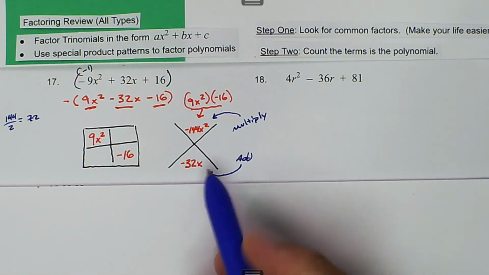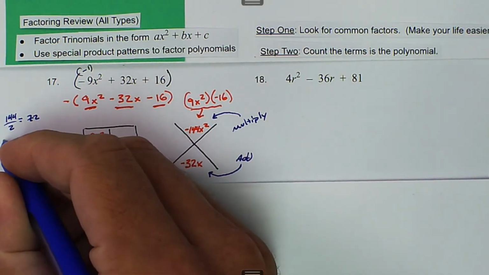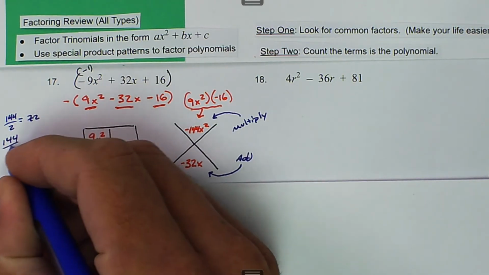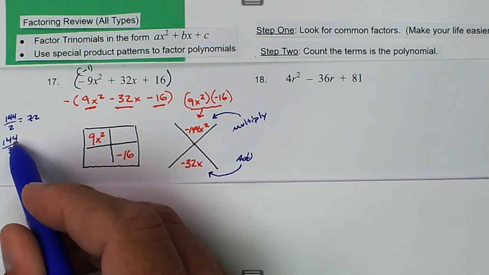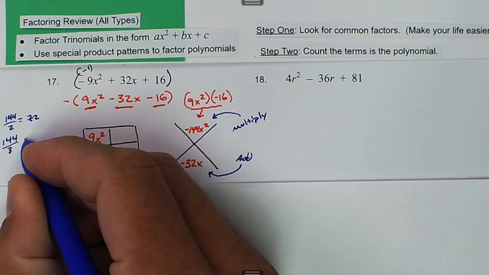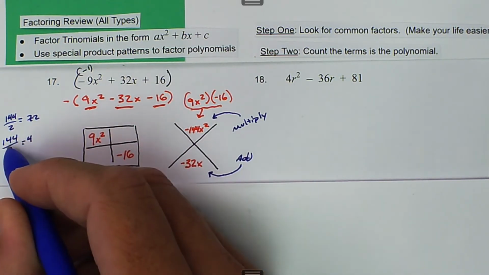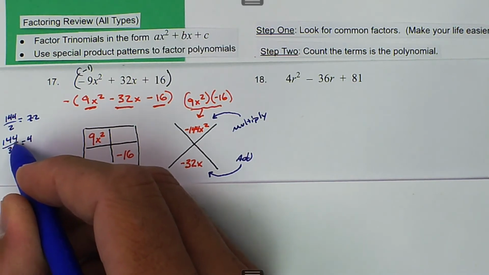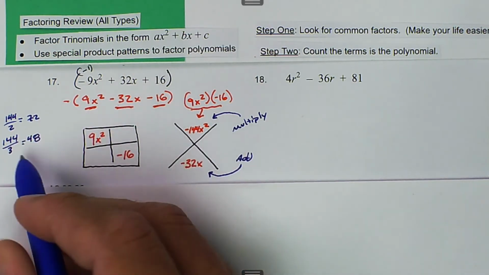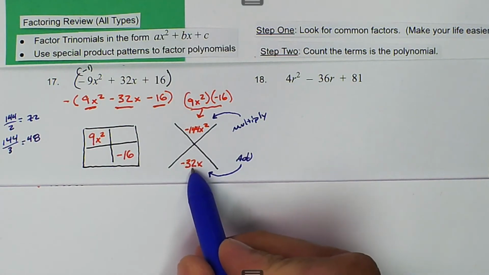No, it does not. So we could see, does 144 divide by 3? It goes 12, 24, so that's 48 and 3. Does 3 and 48 add to negative 32?